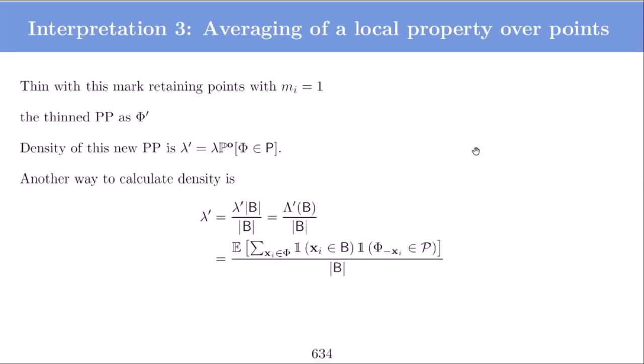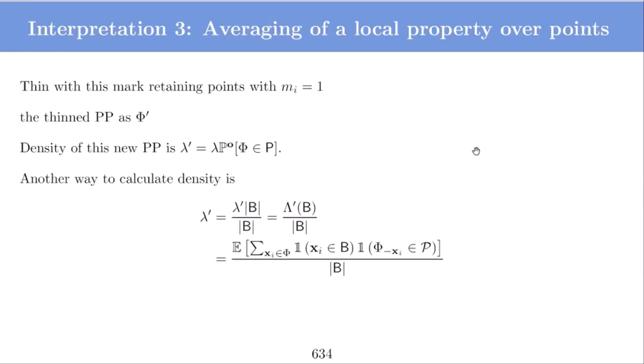So if I thin the point process with this mark, retaining only points with mi equal to 1, the thinned point process, suppose it is known as phi dash, then the density of the new point process, lambda dash, is equal to lambda into the probability of retaining, right? And what is the probability of retaining? Probability that mi equal to 1, right? Because you are only retaining the points which have mi equal to 1.